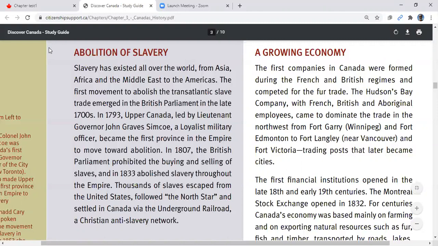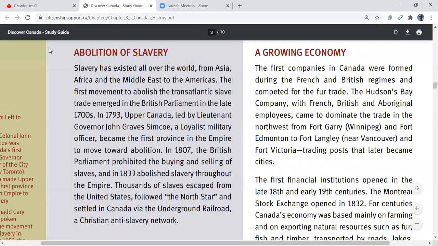In 1793, Upper Canada, led by Lieutenant Governor John Graves Simcoe, loyalist military officer, became the first province in the empire to move toward abolition.